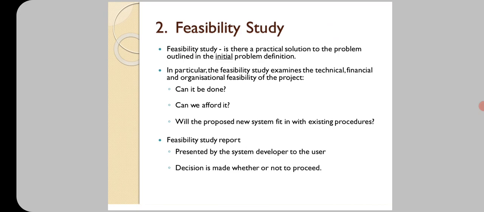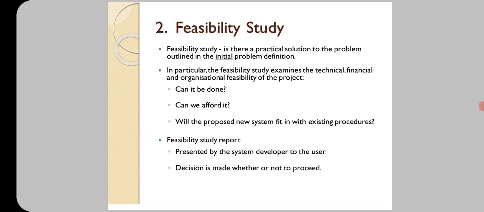First one is, can it really be implemented or not. Second, can we afford it, means the financial feasibility, is it financially fit or not. And third one is, will the proposed new system fit in the existing running system or not.